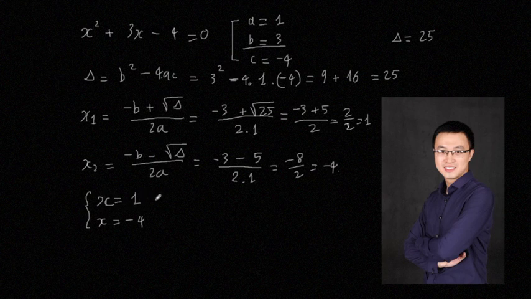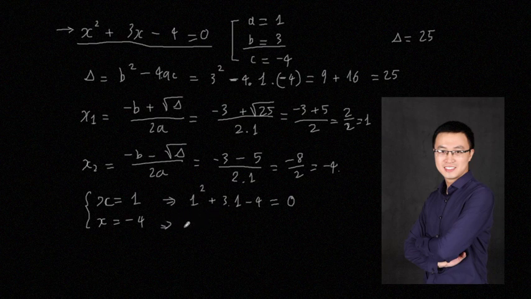If x equals 1, maybe you can check it again. I substitute the value of x1 into this equation. You have 1 squared plus 3 times 1 minus 4 equal to 1 plus 3 equal to 4. 4 minus 4 equal to 0. So x1 is exactly the solution of this equation. And the other one is negative 4.